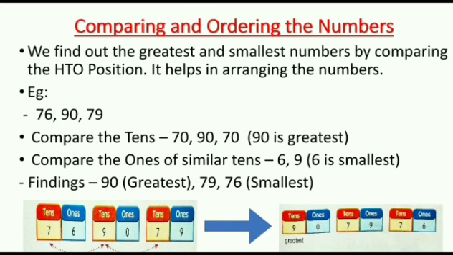And when we compare ones of similar tens like 76 and 79, the tens are same but ones are different. So 9 and 6, which one is the smallest? The 6 is smallest, so we will write our findings. 90 is the greatest, 79 will come in middle and 76 is the smallest.